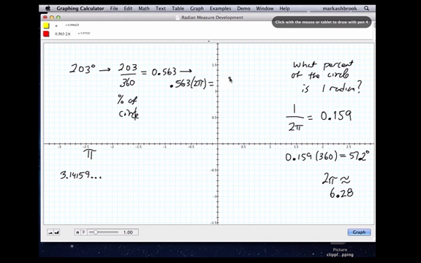So what does that number mean? It's how many radians 203 degrees corresponds to. So the openness of 203 degrees is the same as the openness of 3.54 radians.